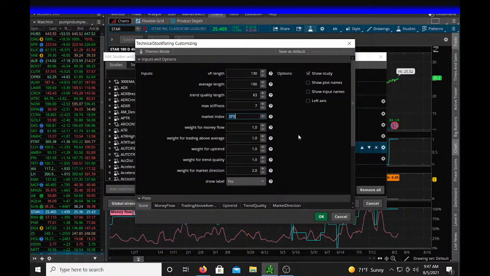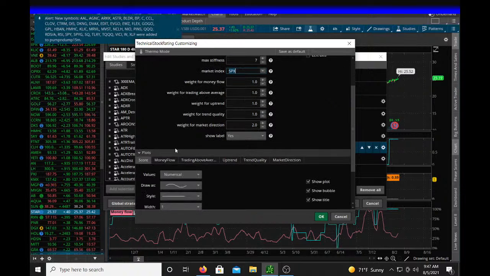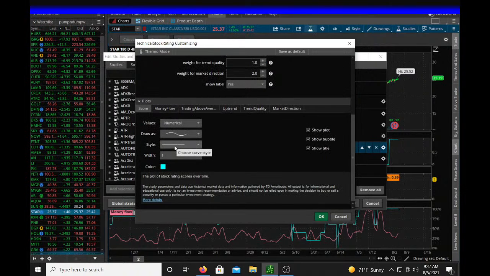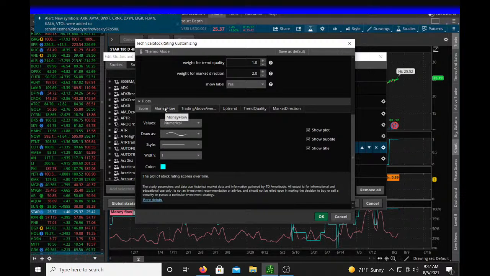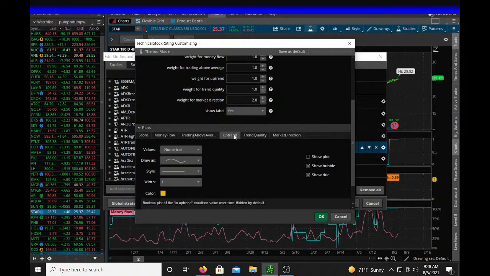Wait for money flow. Wait for trading above average. And this is kind of neat because it's kind of similar to what I'm working on, but not exactly. It has some of the things that I care about.